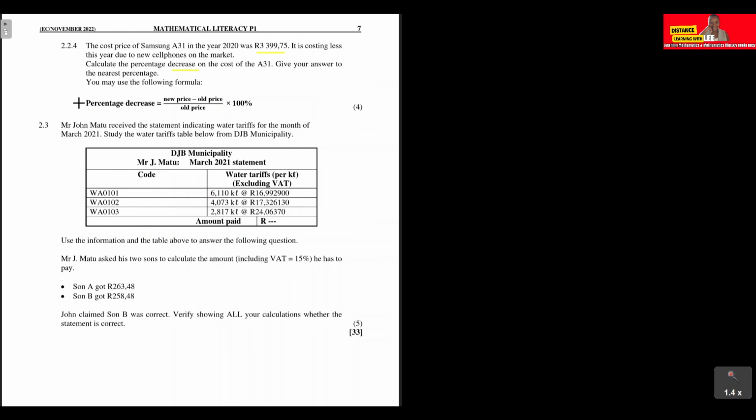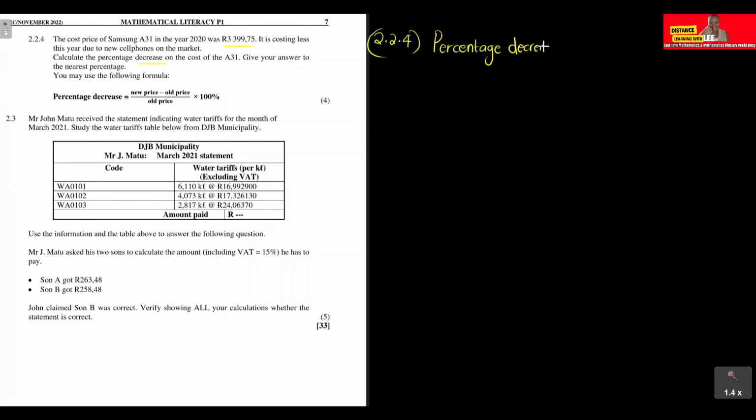They've already given us the formula that we can use to calculate our percentage decrease. The percentage decrease is equal to the new price minus the old price, divided by the old price, and then we multiply by 100 because we want to determine the percentage decrease.